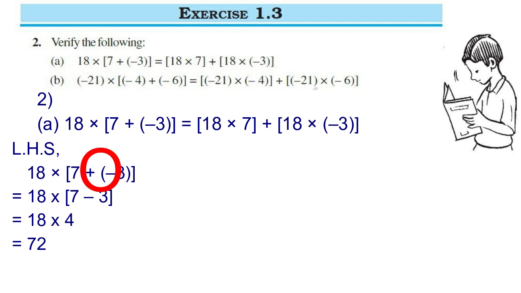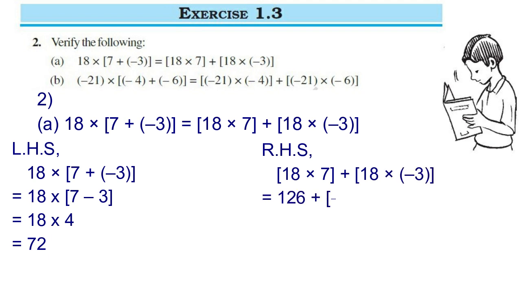So plus into minus equal to minus 3, equal to 18 into 7 minus 3, means 4. So 18 into 4 equal to 72. Next we go to the right hand side. The right hand side is (18 into 7) plus (18 into minus 3).